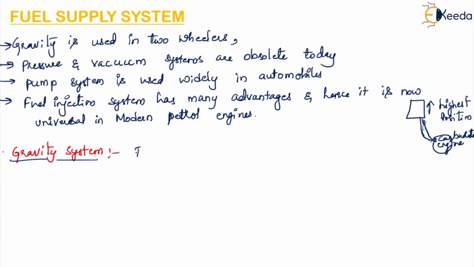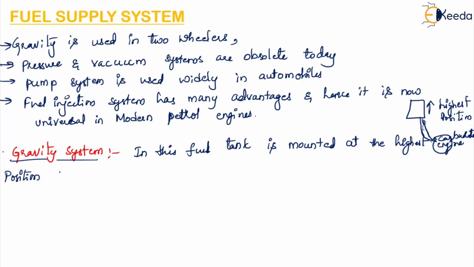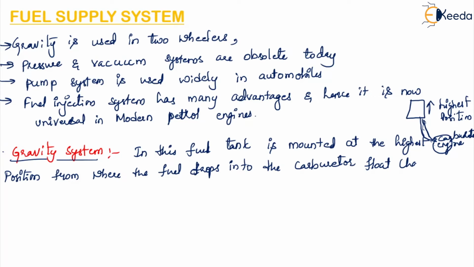Here the fuel tank is mounted at the highest position from where the fuel drops into the carburetor float chamber by gravity.